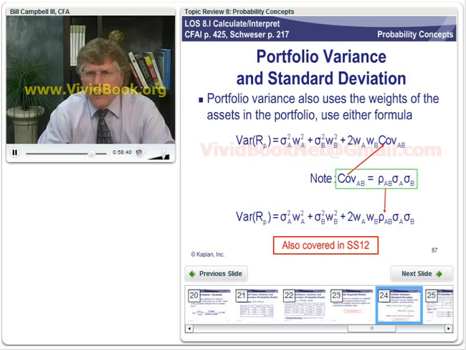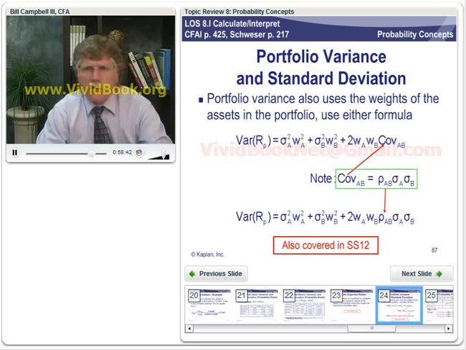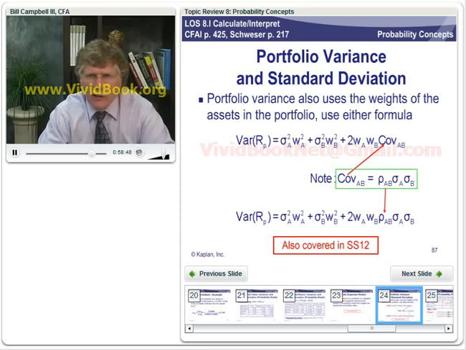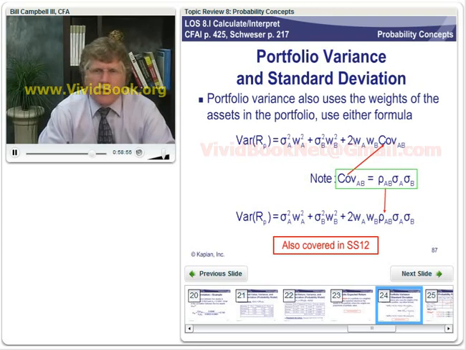Well, in that last term, 2 is positive, the weight of A is positive, the weight of B is positive. We'll assume you're not short selling here, so those two weights are positive. Sigma of A is positive, sigma of B is positive. So the only way that you're going to get this variance for the portfolio's returns to decrease is by lowering the value of rho.